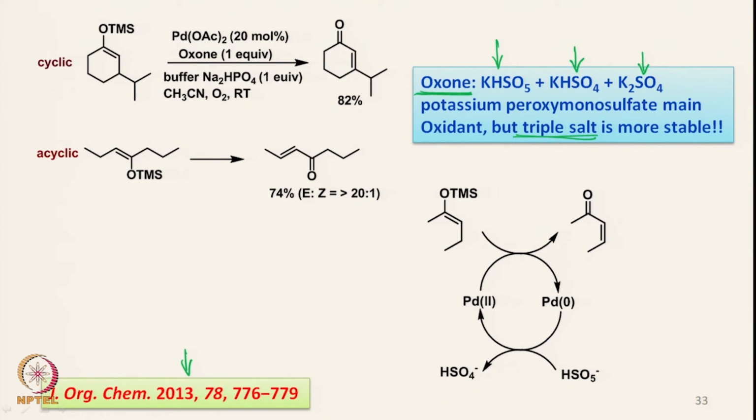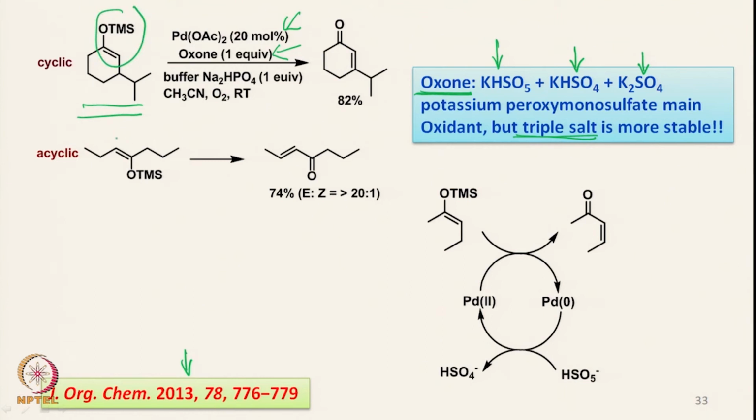Such combinations have been reported in 2013 to convert an enol silyl ether, for example of this kind, where only 20 mole percent of palladium acetate is used along with one equivalent of the oxone to form an enone from this enol silyl ether.